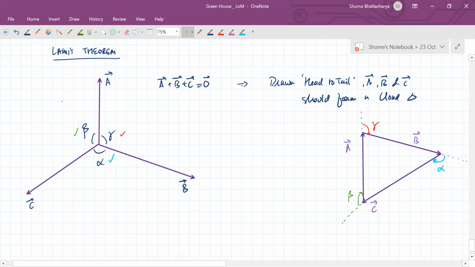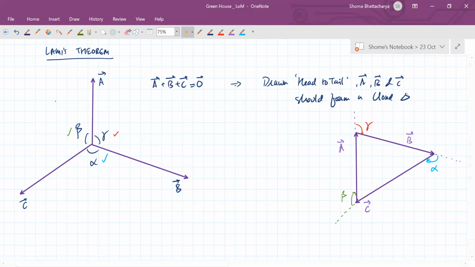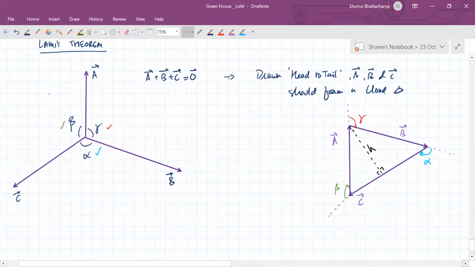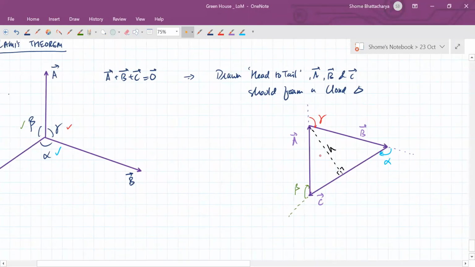So you have this condition. Now within this triangle you can do a simple operation. Drop a perpendicular from any vertex to the other side. I am doing it from this vertex to the side C. Let's say this perpendicular is a height h. So now you get two separate right angle triangles. In this right angle triangle, h by a is equal to sine of this angle.